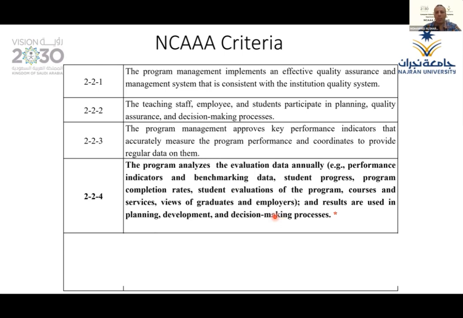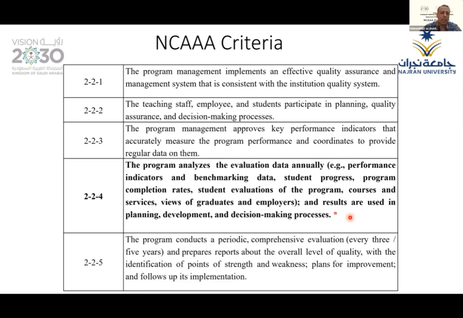For example, completion rate, we assess in the annual program report. Student progress, we take from PLO and from the report, and we use it as a result. And as we said, we have to make sure the improvements written in the annual program report are implemented on time before the visit.